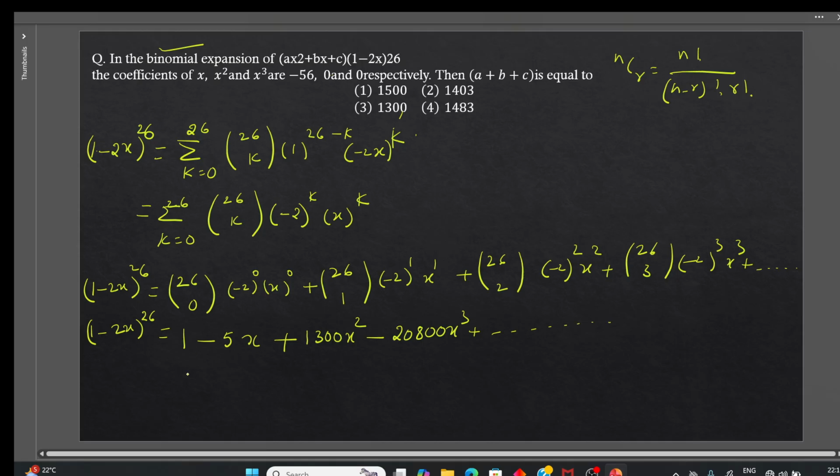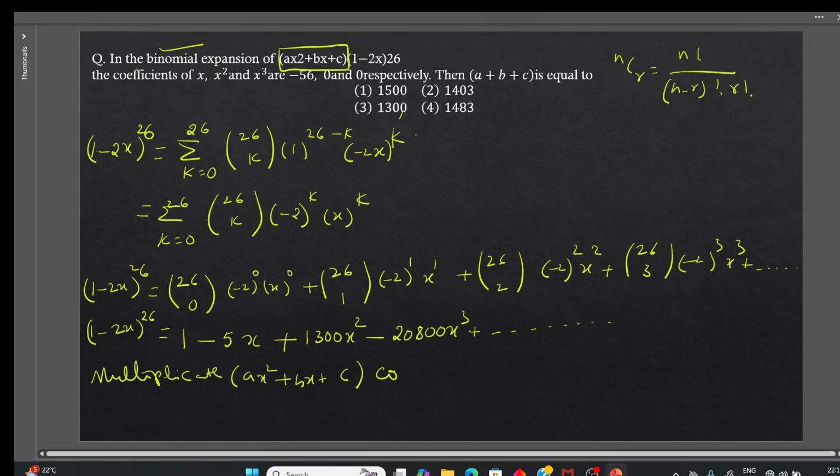Now this equation is multiplied with, as given in your question, the expression (1 minus 2x) whole to the power of 26 is multiplied with ax square plus bx plus c.